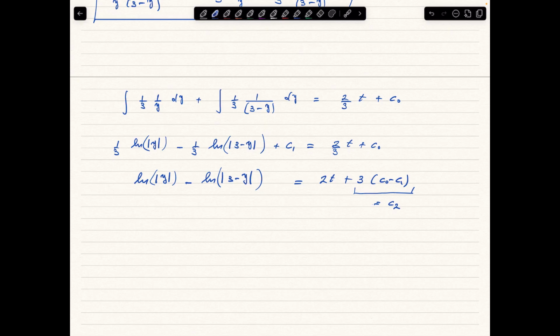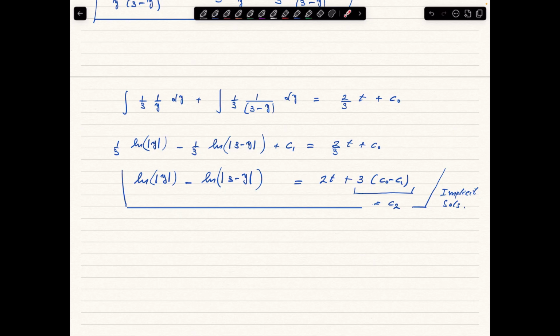What do we do here? Well, first of all, right now we can say we have solved the differential equation, and this is the solution in implicit form. So implicit solutions. Solutions in plural because we have one for each constant c2.